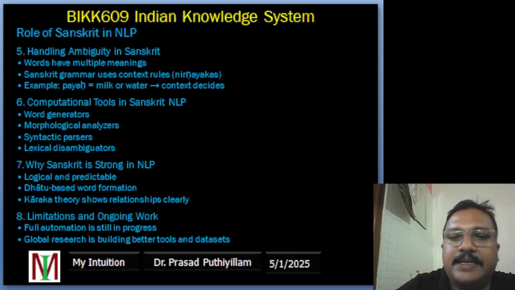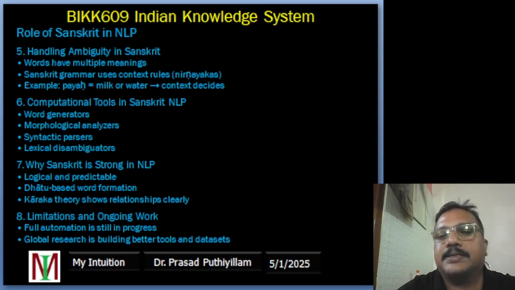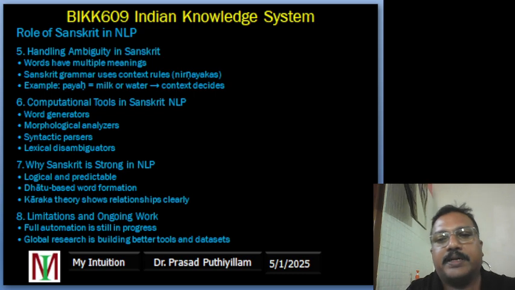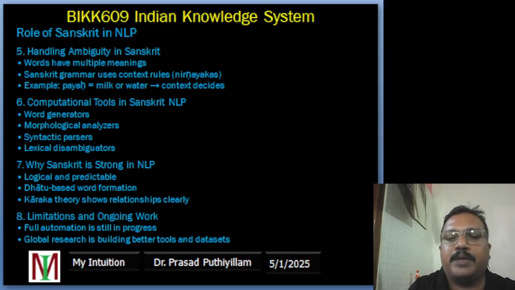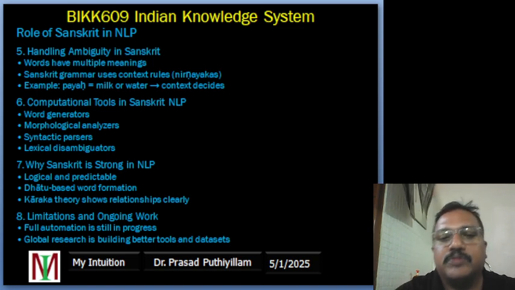To make Sanskrit easier for computers to understand, researchers have created helpful tools. Word generators build correct words from the roots and grammar rules.